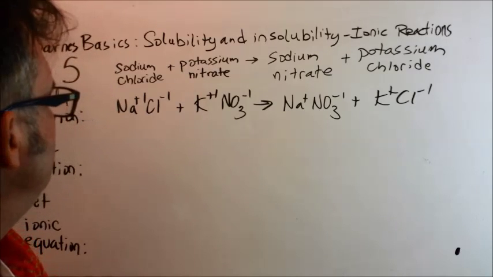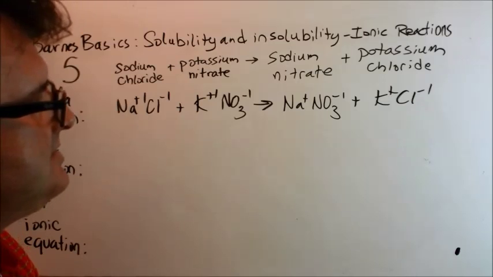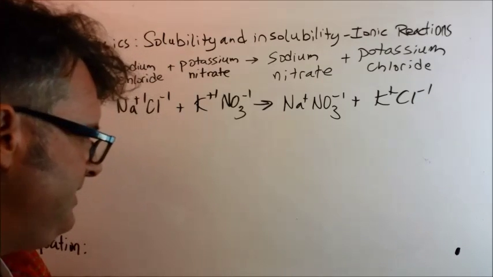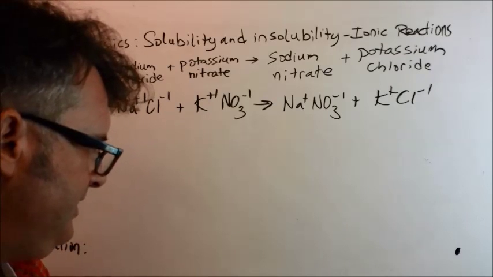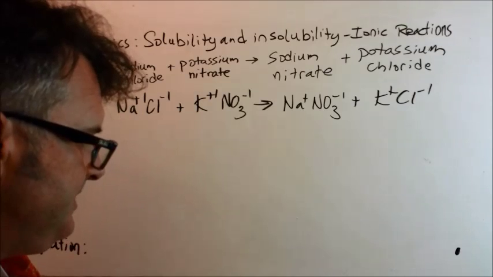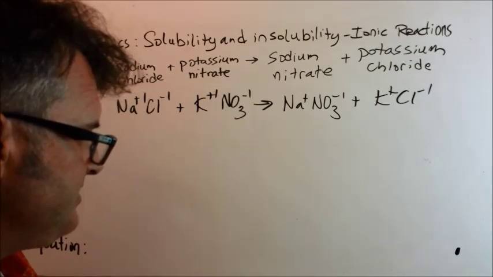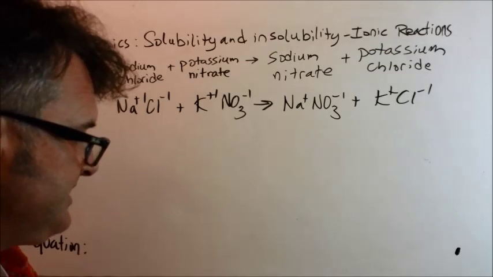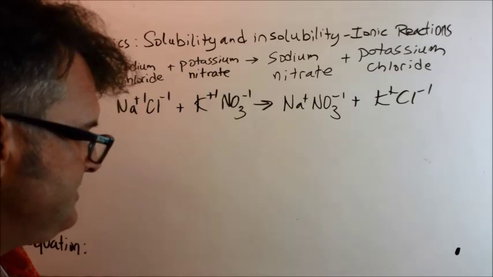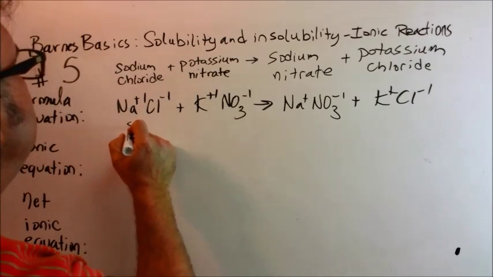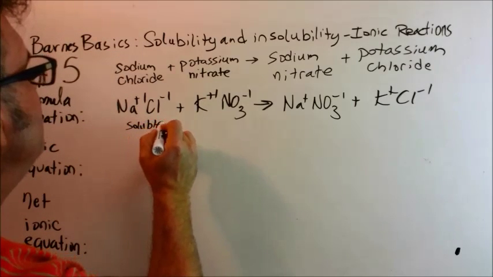Let's look at sodium chloride. I want to just check the solubilities of these. We know that according to rule number 8, all salts of sodium ions, potassium ions, and ammonium ions are soluble, except several uncommon ones. So if it's got sodium in it, it's soluble because of rule 8.